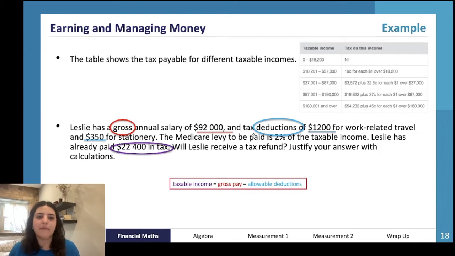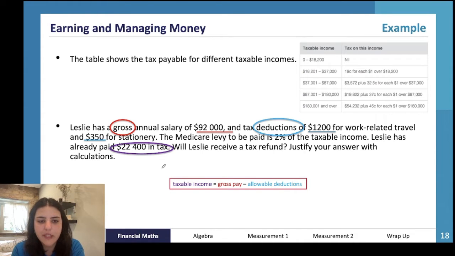Let's actually do an example. So this table shows the tax payable for different taxable incomes. It's the same one that I just showed you. Leslie has a gross annual salary of $92,000 and tax deductions of $1,200 for work-related travel and $350 for stationery. The Medicare levy to be paid is 2% of the taxable income.